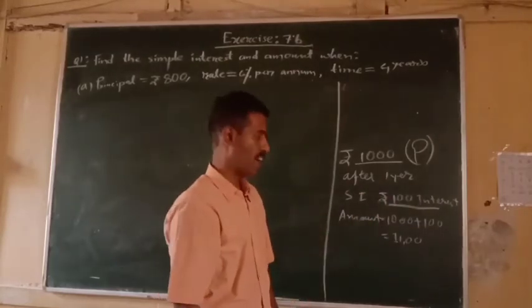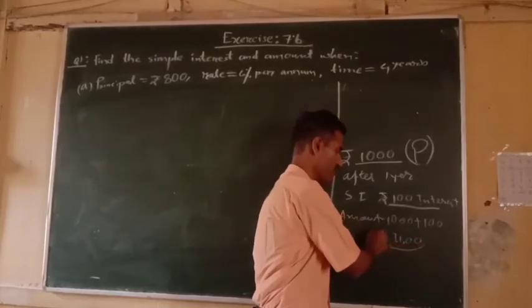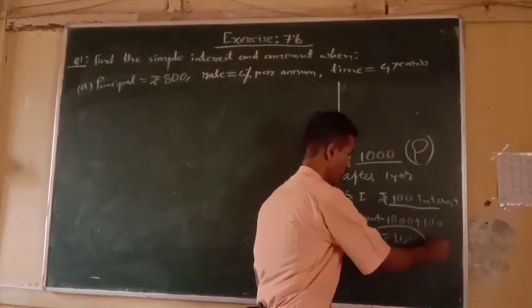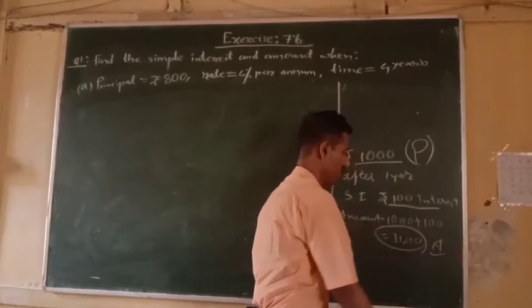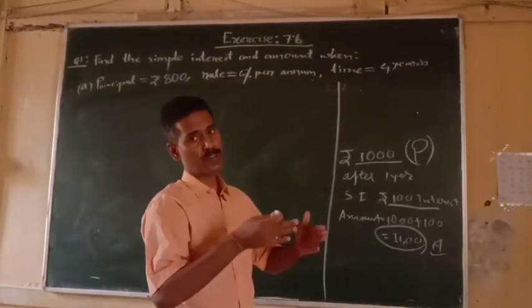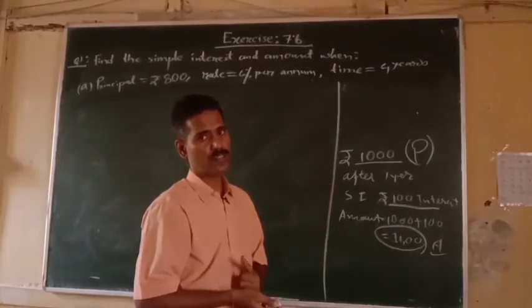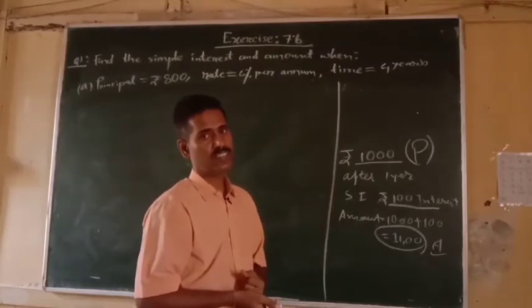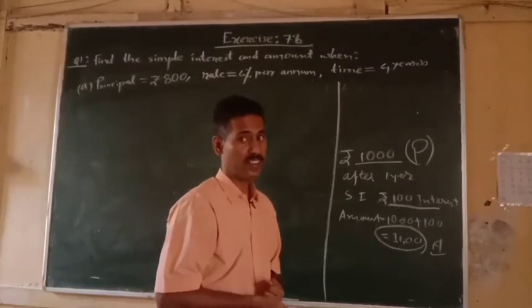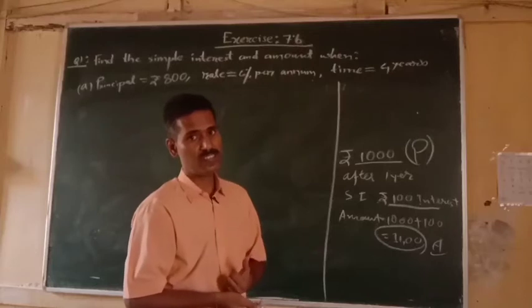Now the total amount in your hand is 1100, which we call amount. The money was in your bank for 1 complete year, that is called your time duration, either T or N, number of years.